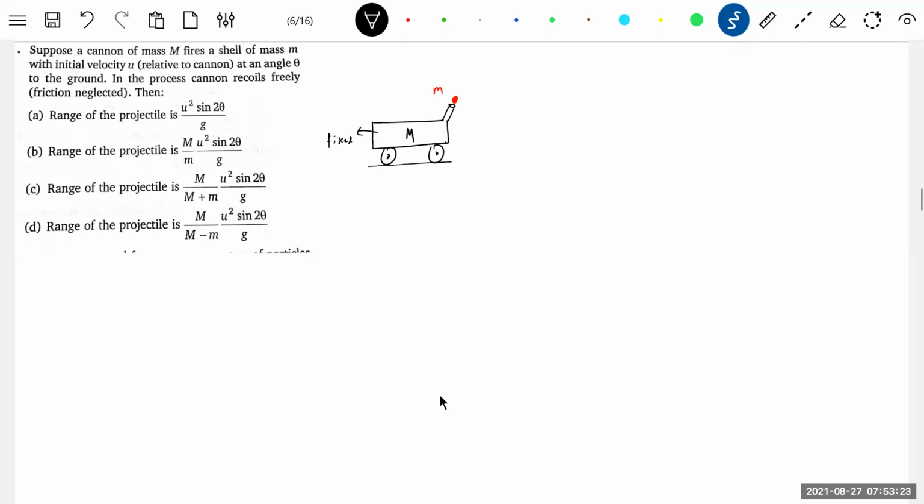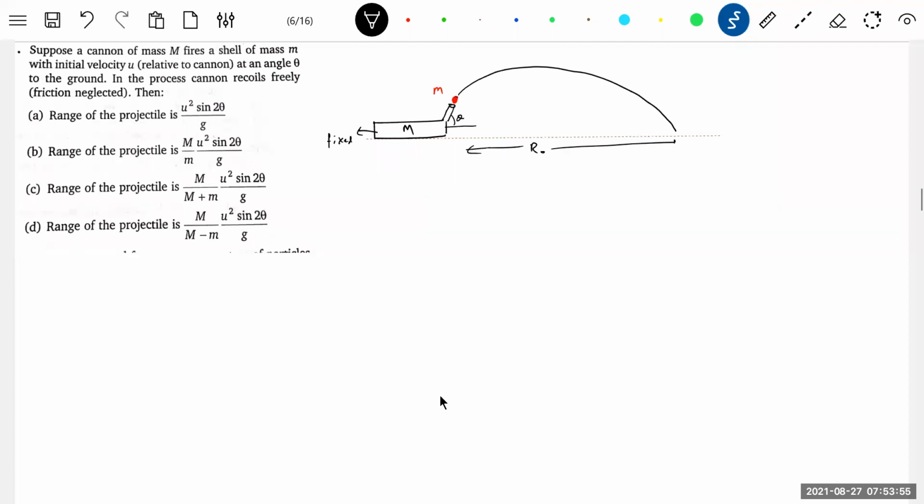It is going to describe a trajectory and cover a range, say R, or say R naught. This is the angle theta. Since you're not permitting it to recoil, it describes the range R naught.